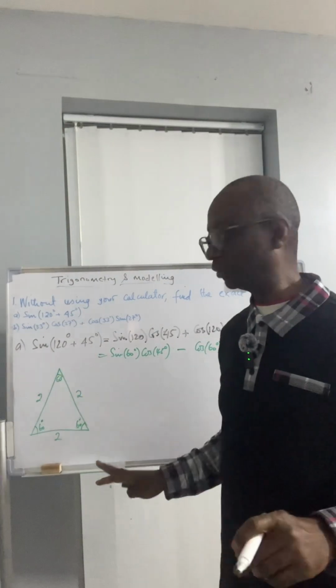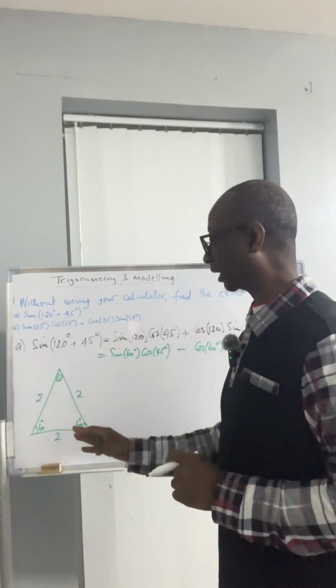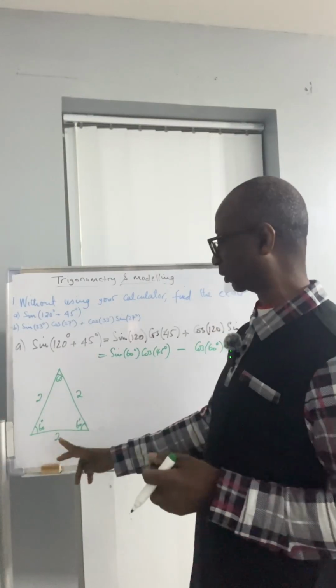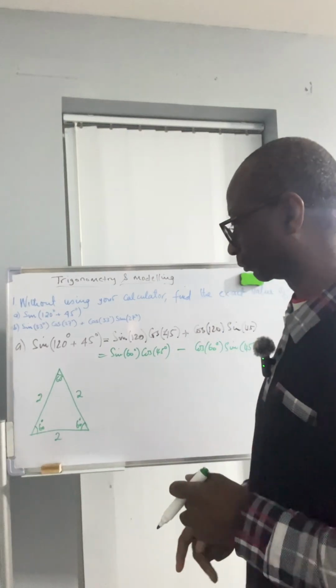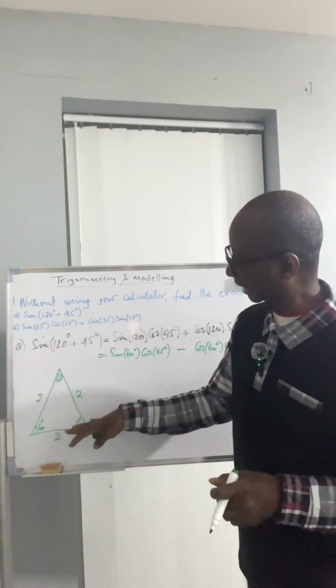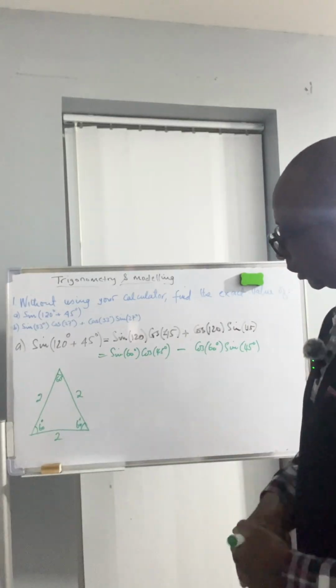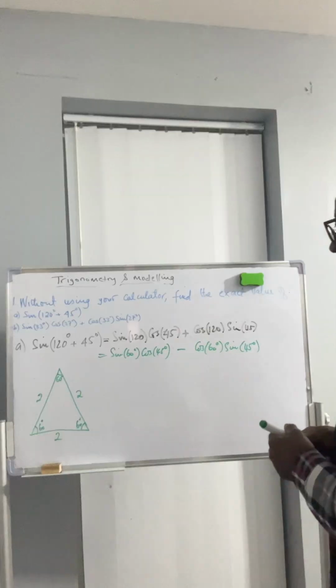I can give whatever units, 2 centimeters, 20 centimeters each, as long as it's consistent. If I say 50 centimeters, this must be 50, this must be 50, because the angles are equal. So the lengths must be equal. So I decide now to give the length 2 units. These 2 units could be 2 meters or 2 centimeters or whatever.